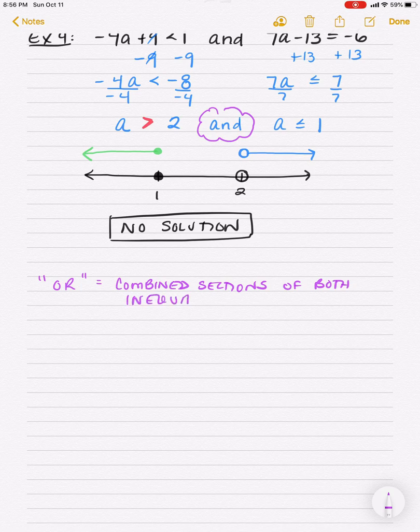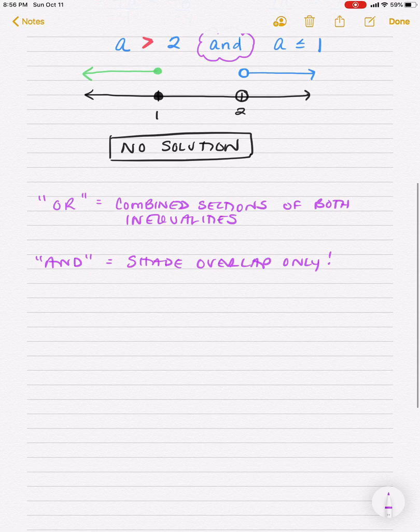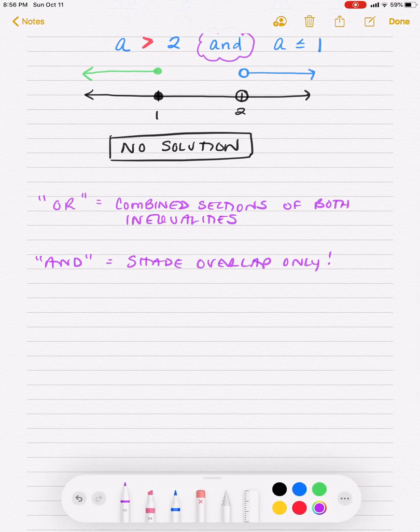And so like we said, if we do the first one in blue and the second one in green, your solution is going to be the green one plus the blue one. But the ands, on the other hand, you shade the overlap only. So we just really need to think about it when we're graphing rather than quickly looking at it and assuming that we have the solution.